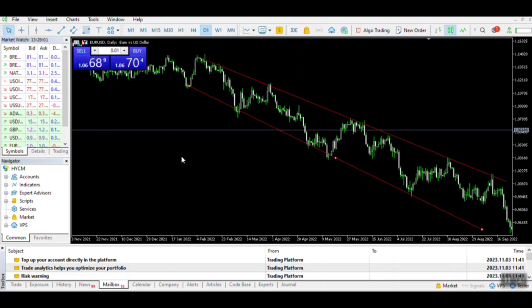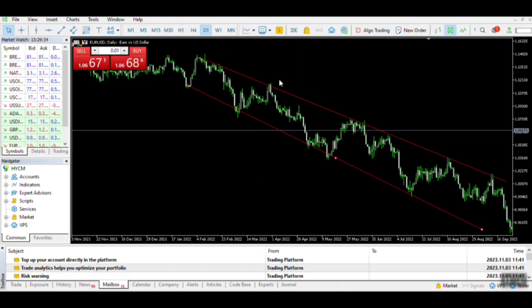But how do we explain a downward trend? A downward trend is when each peak of the price is lower than the previous peak, and also each bottom of the price is lower than the previous bottom. So each peak is lower than the previous one.